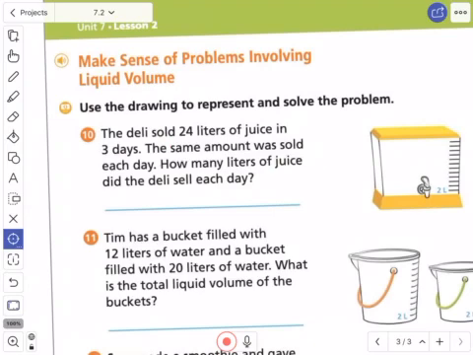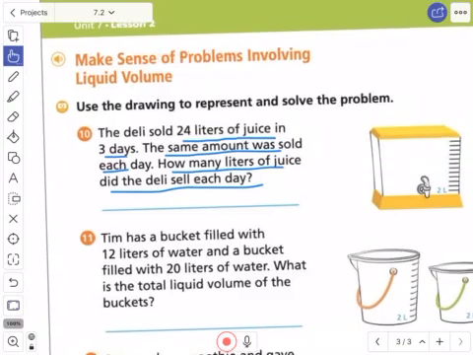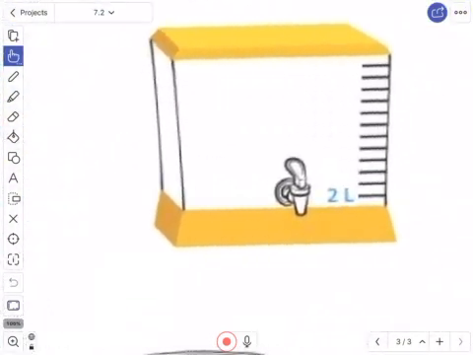The deli sold 24 liters of juice in 3 days. The same amount was sold each day. Okay, that's important. How many liters of juice did the deli sell each day? And so then over here, you see that it counts by 2s.